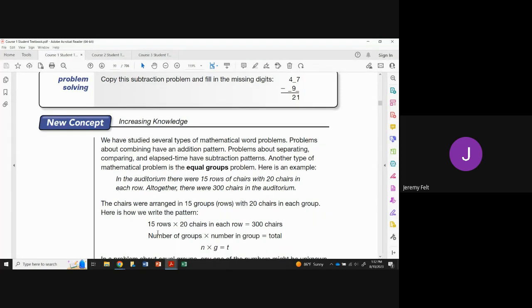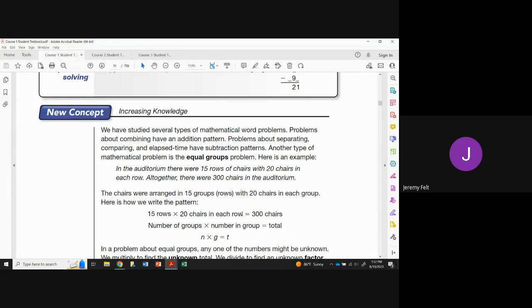So if we know the number of groups, the number within each group, we can find the total. And as long as we have 2 of the 3 parts of information that we need, we can find the other. So if we're given the number in a group and the total, we can figure out the number of groups. If we're given number of groups and the total, we can find the number in a group. As long as we have 2 of the 3. If we're only given 1, we need more information.